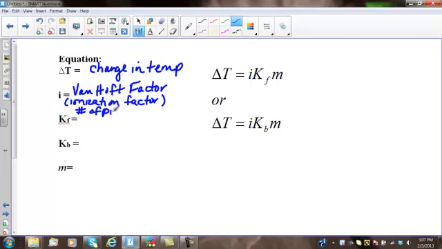So again, if I had something like NaCl, when that dissociates in water, it forms two ions, so the Van't Hoff factor would be 2. If I have MgCl2, that dissociates into 1 Mg and 2 Cl, so my Van't Hoff factor would be 3. Please remember, all covalent compounds do not dissociate and therefore have a Van't Hoff factor equal to 1.